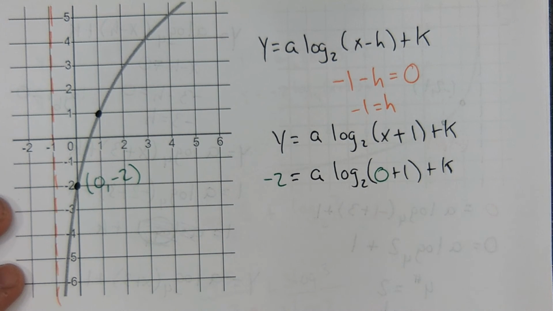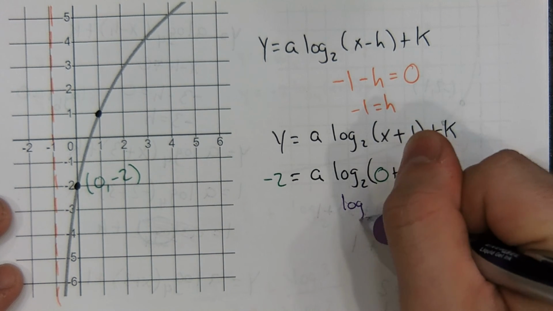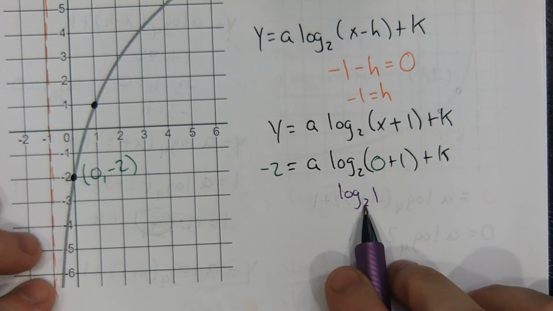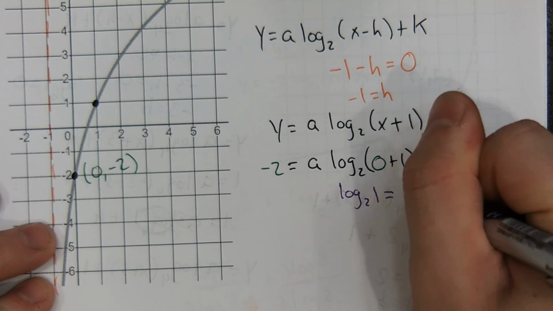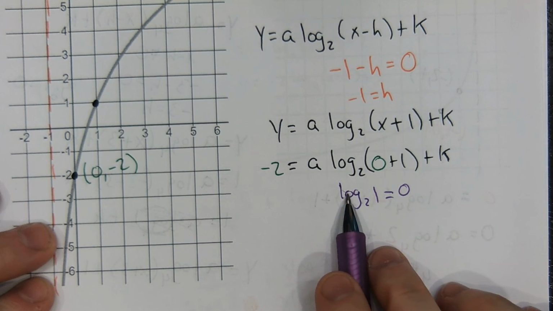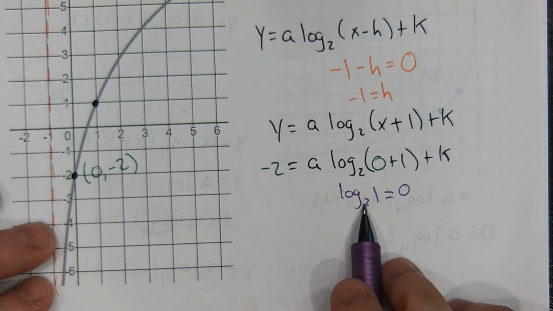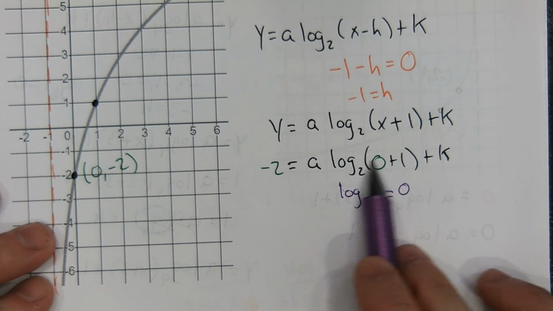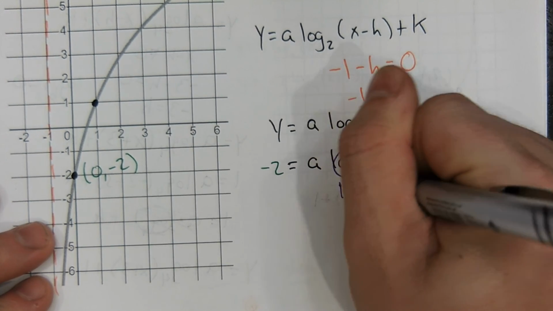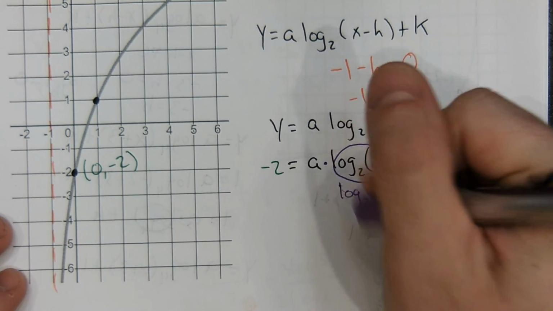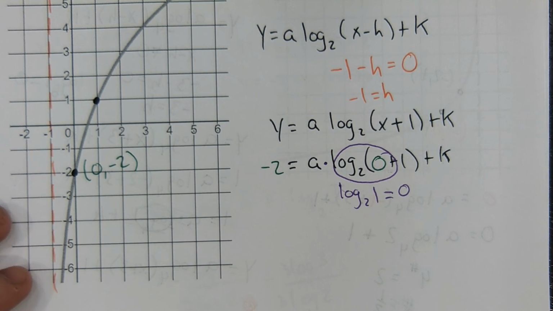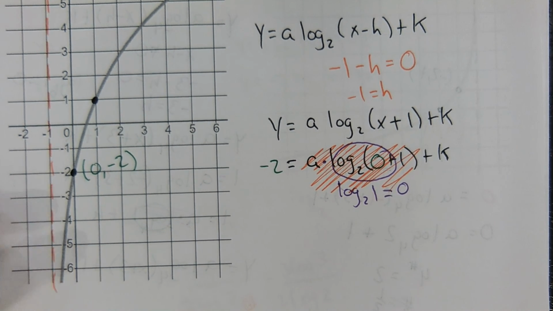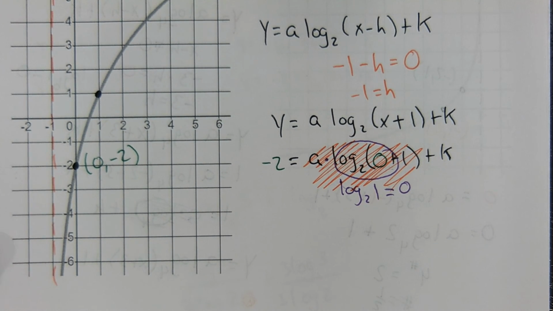That means this right here says log base 2 of 1. And if you remember from the last example, this is one of our special logarithms. Log base b of 1 is always equal to 0, because this is what power of, who cares what the base is, but 2 to what power gives me this 1? The 0 power. That means this logarithm has a value of 0. Big old goose egg. And a times 0 is always going to be 0. So, once again, that means nothing, and we can see that k is -2.